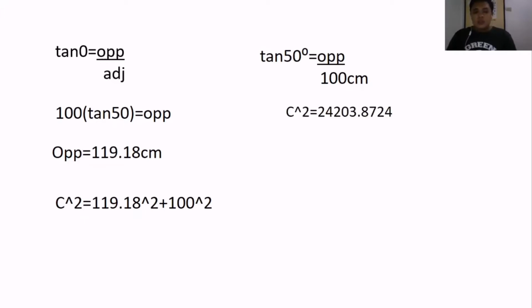As you can see, I didn't solve for C yet, for C squared, because we're going to square root both sides. Once you square root both sides, it will look like this. So C equals 155.58 centimeters, which is the distance our projectile needs in order to reach its intended target.